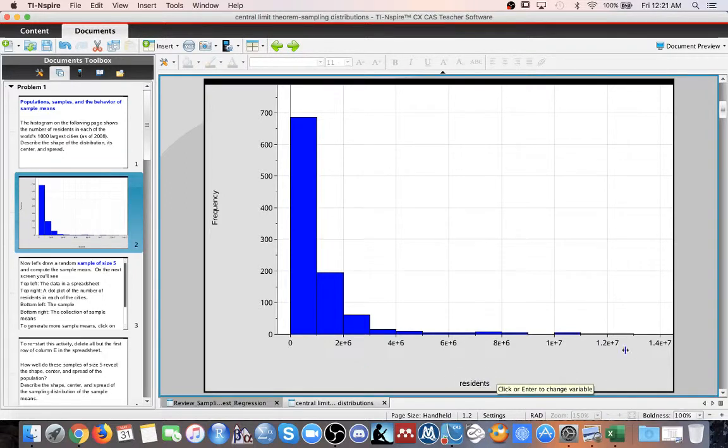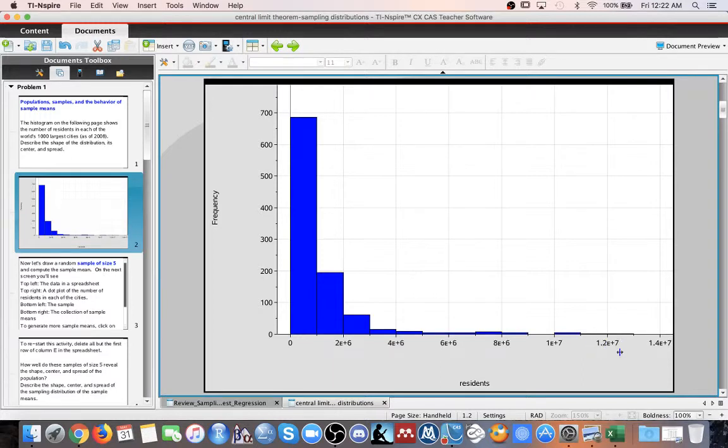And because of these cities that are way out here, you could barely see this bar sticking up here, which is, if these are 2e+6, that means 2 times 10 to the 6, so 2 followed by 6 zeros, so that's 2 million.